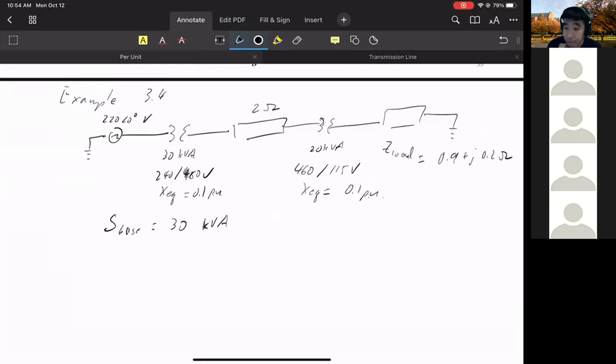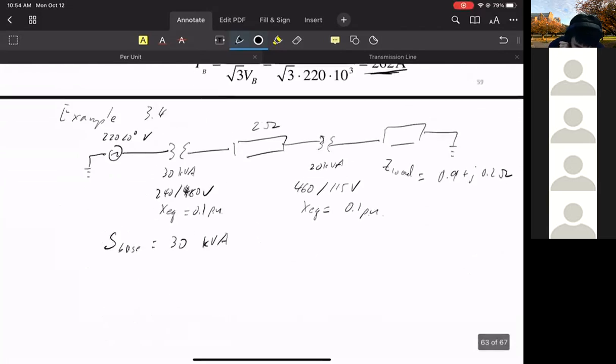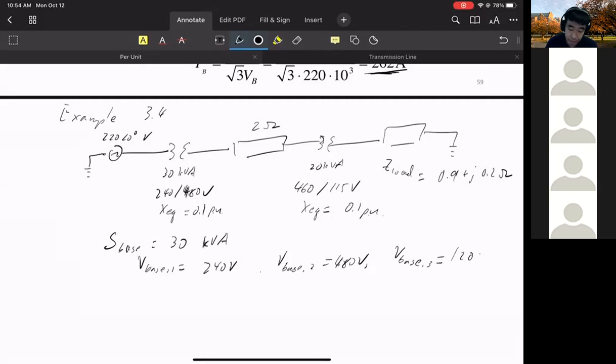And we're going to pick different voltage bases, right? The voltage base for zone 1 is 240. Voltage base for zone 2 is 480. Voltage base for zone 3, I'm going to pick this to be 120 volts. Then we can work out the impedance base for all 3 zones.